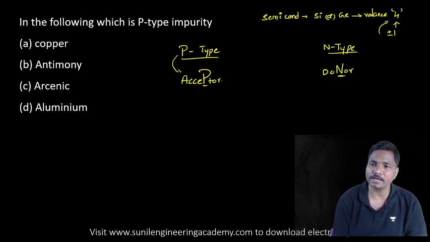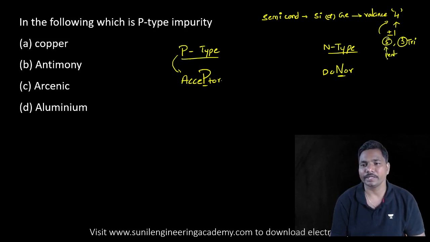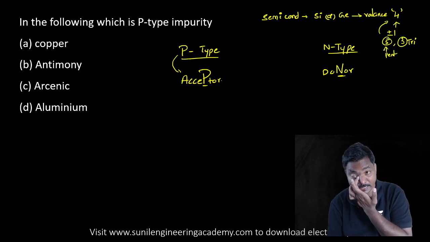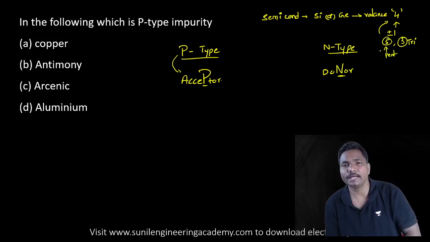That means we have to add 4 plus 1 means 5, 4 minus 1 means 3. So we can add trivalent or pentavalent impurities. Then we can get uneven, that means not equal, numbers of holes and electrons.